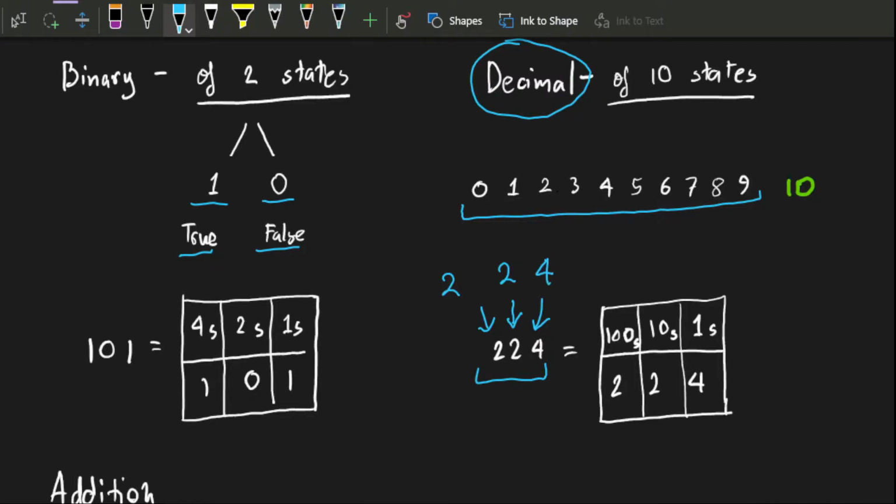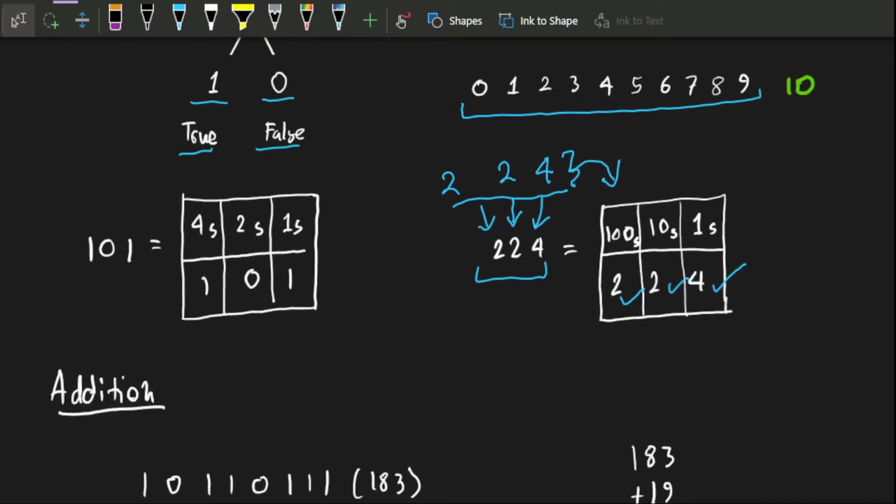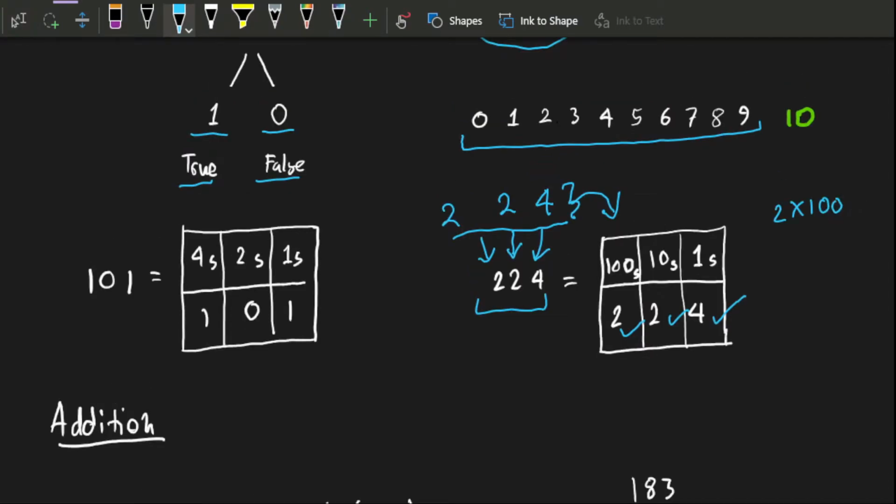This is represented in this block. As you can see, we have 4 ones, 2 tens, and 2 hundreds. So if you add them all up, 2 hundreds, and 2 tens, and 4 ones, adding all of them up gives 224.